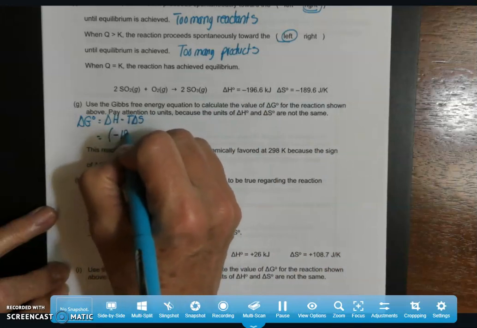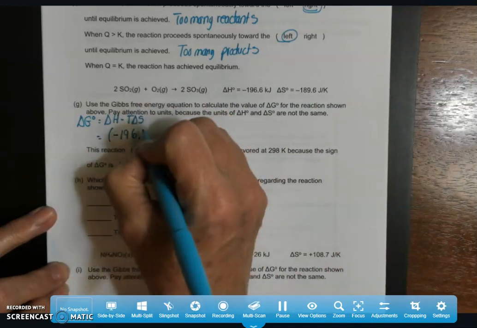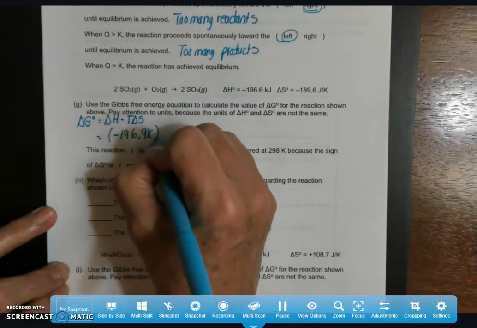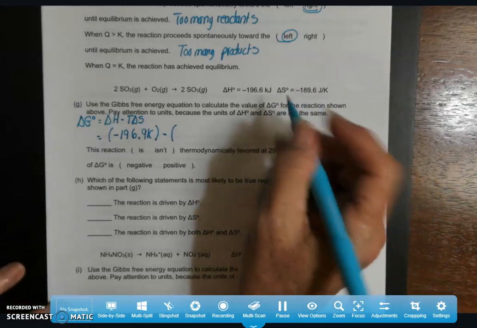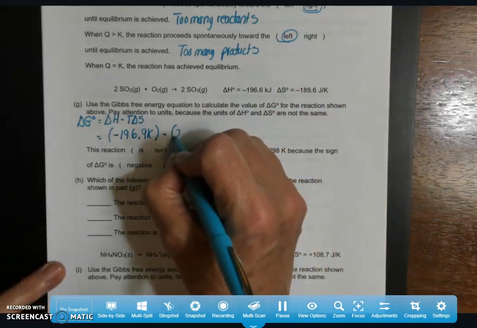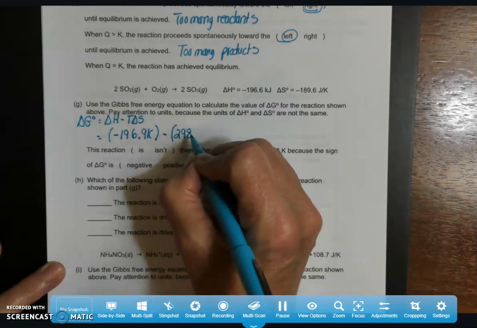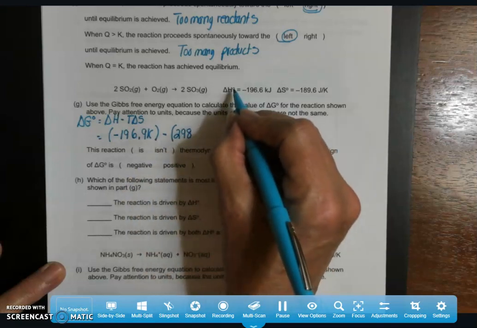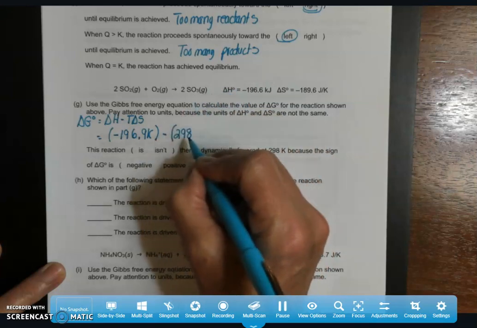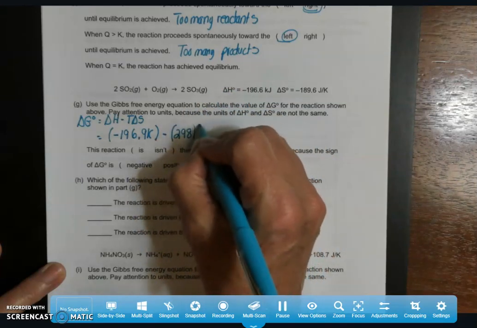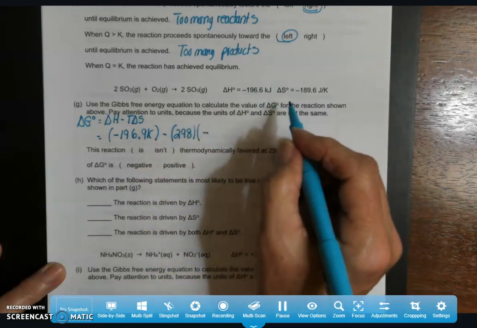It is a negative 196.9 kilojoules minus T, which is at 298, because that's where I'm getting these values from my table. That is standard conditions. So automatically I need to remember that if I've got that little zero there, then it's going to be in standard conditions, which is 298 times a negative what?